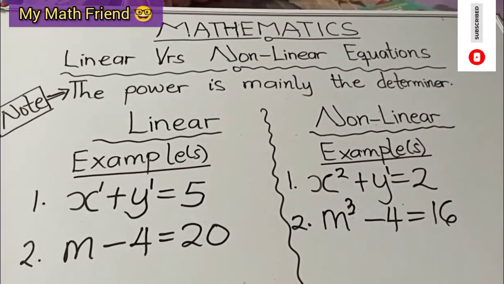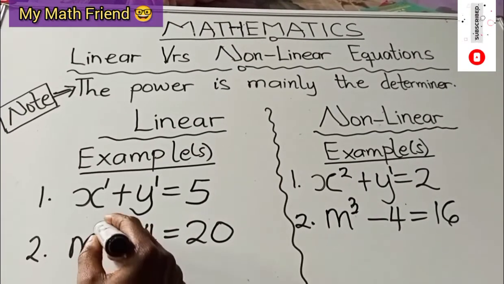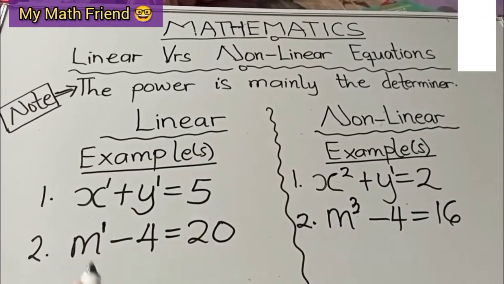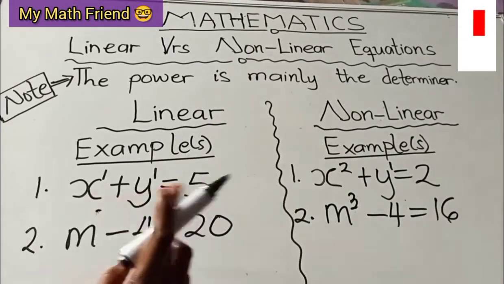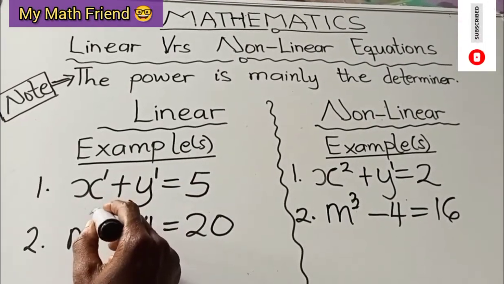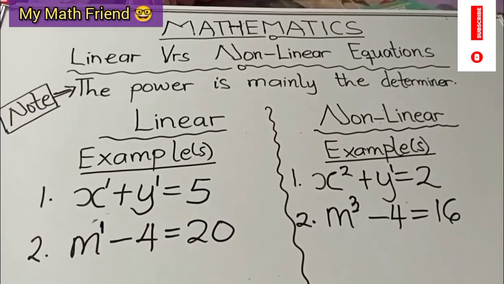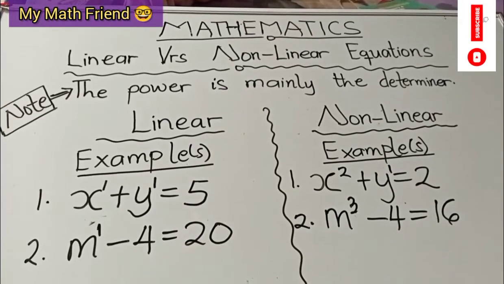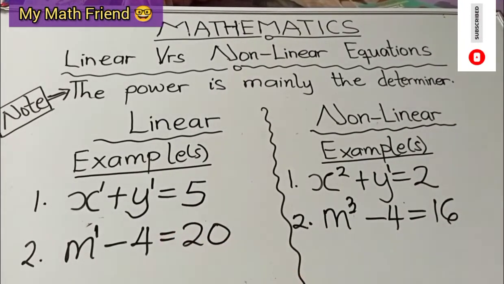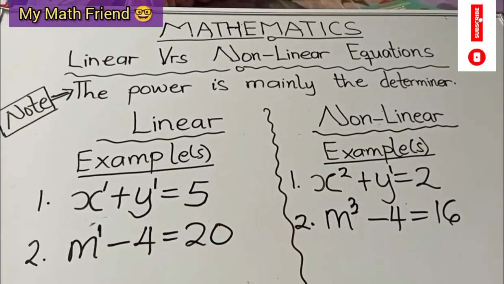In the linear example, you see that the power is 1. Because it's 1, normally it's not written, but for the purposes of this lesson, we are writing it for you to see the power. Because the highest power is just 1, it makes this equation a linear equation.